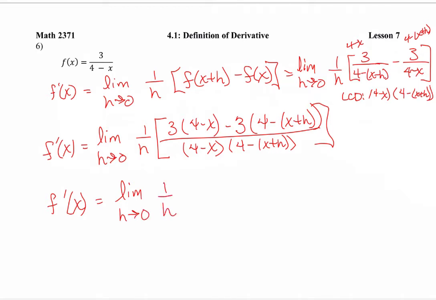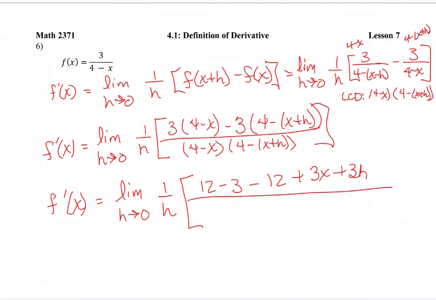So that's going to be 1 over h times 12 minus 3x minus 12 plus 3x plus 3h, all over 4 minus x times 4 minus x plus h. Okay?